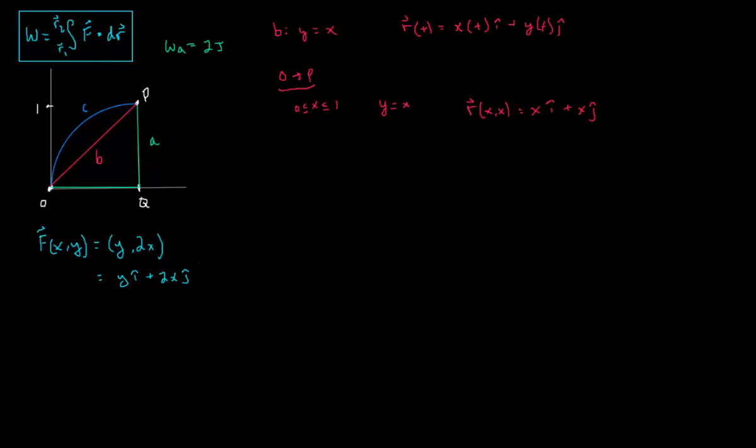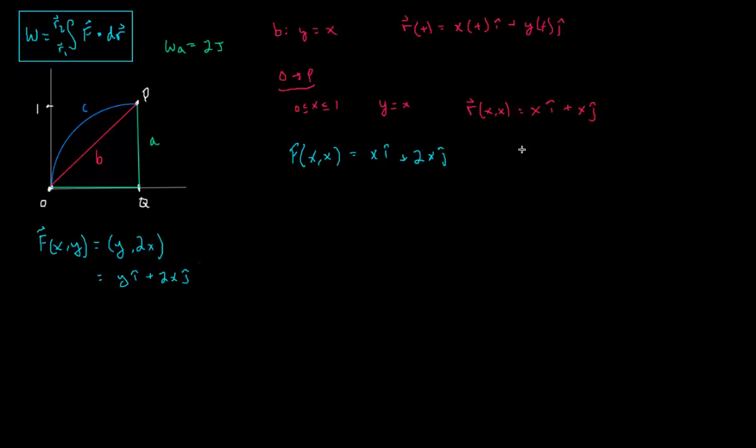Now I'm going to rewrite the force with the same restriction along this path. Since y is described as x, the force is equal to x in the i hat direction plus 2x in the j hat direction.